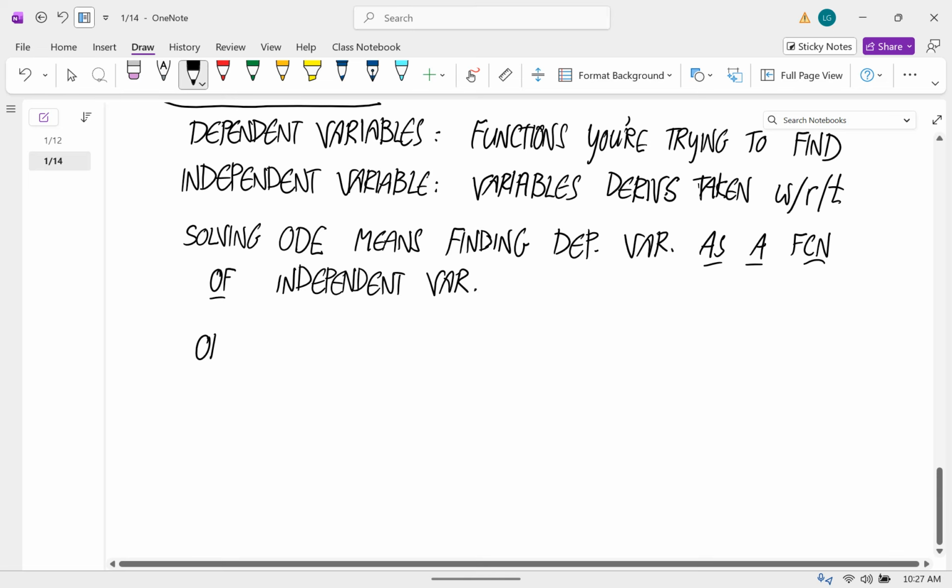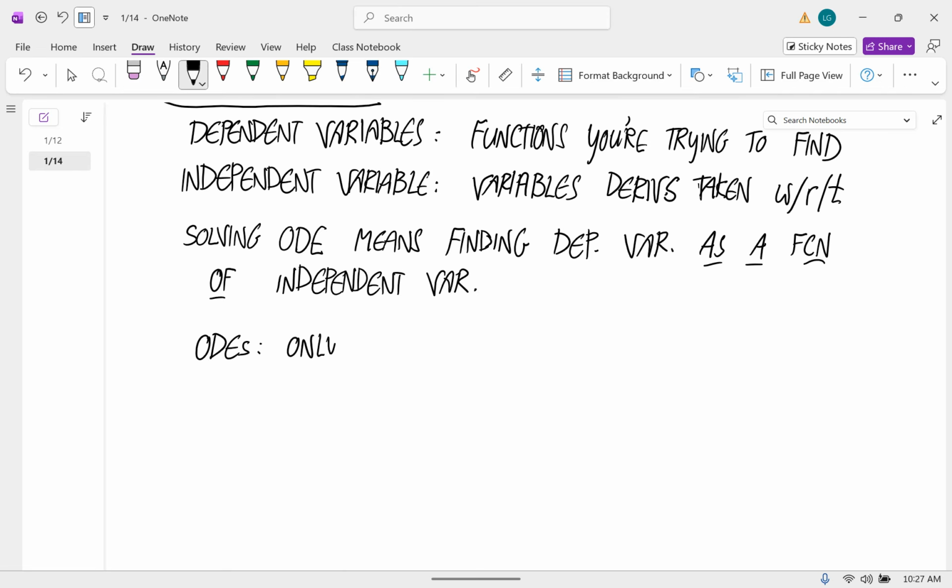For ODEs, you only have one independent variable, but you can have multiple dependent variables.